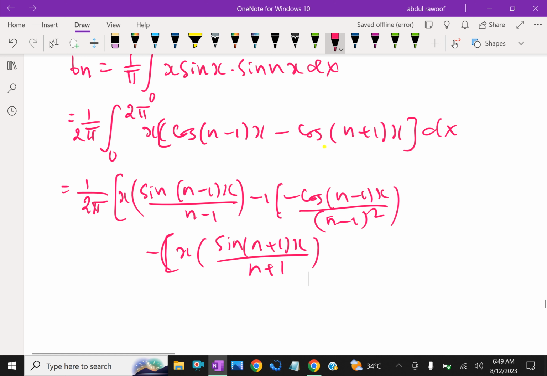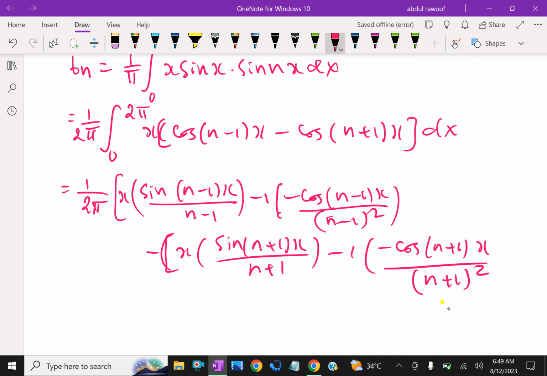That is, we are using the product rule here, minus 1 into minus cos (n plus 1)x over (n plus 1) whole square, fully 0 to 2 pi.